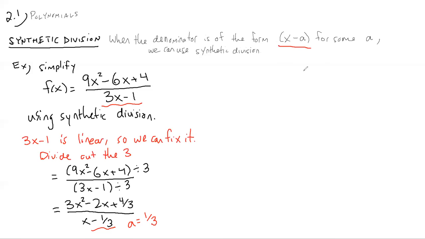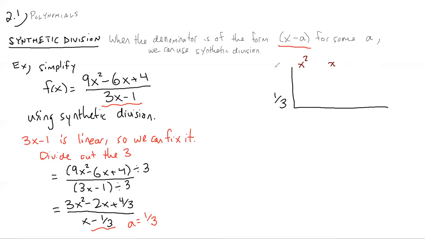So same as before, I'm just going to set up my synthetic division. So I have that 1/3 for my a, and in this case, across the top, my highest power is 2, so I'll just have an x squared, an x, and a constant. And I'm going to write my coefficients, 9, -6, and oh, no, sorry, that is incorrect.